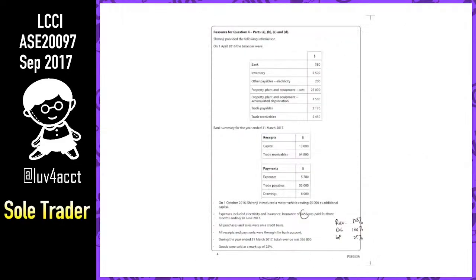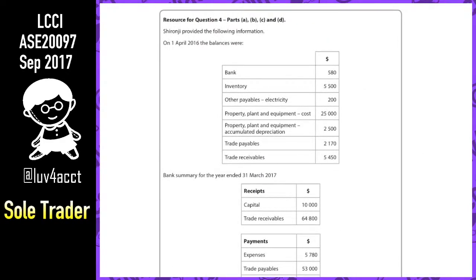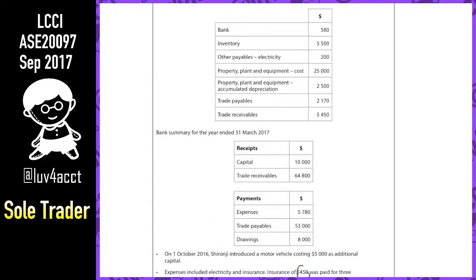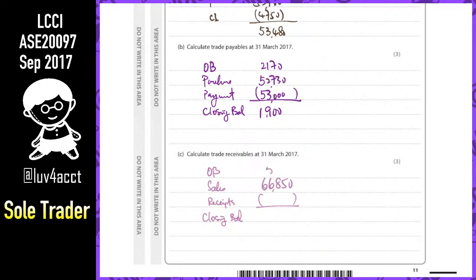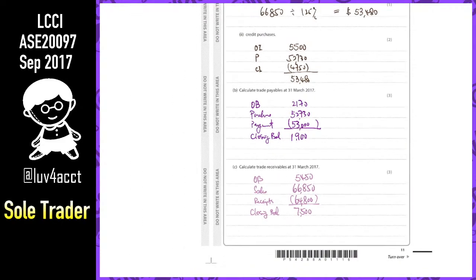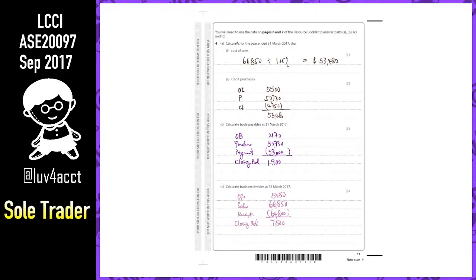Opening trade receivables 5450, and then the receipt 64800. So 5450 plus 66850 minus 64800, we have 7,500. Now we have a total of 9 marks already.